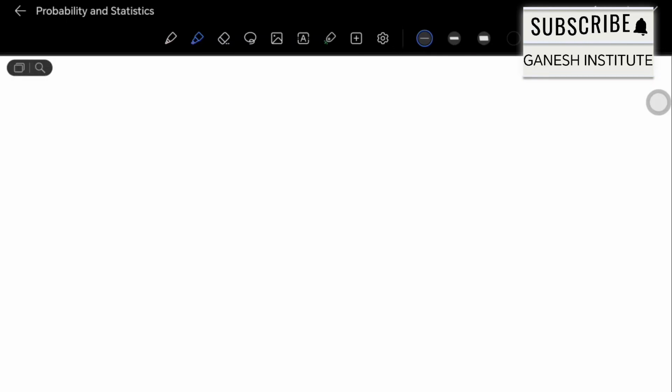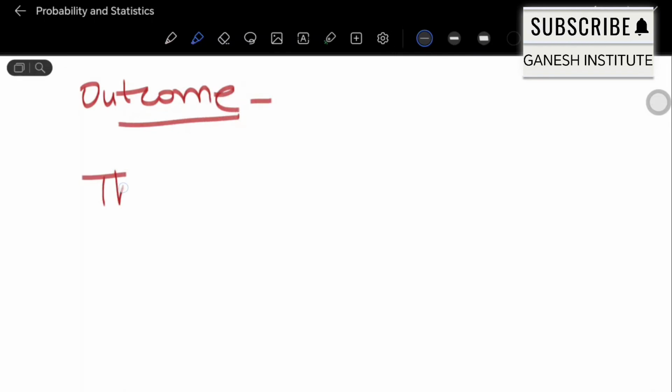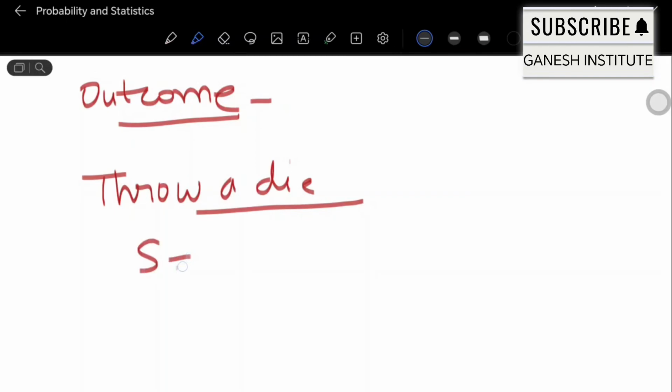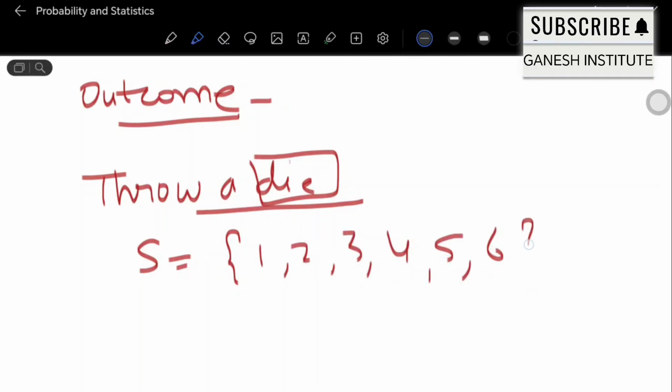What do you mean by outcome? Let's say you throw a die and you randomly choose any of the options. What do you have? In case of a die, you have 1, 2, 3, 4, 5, 6, right?